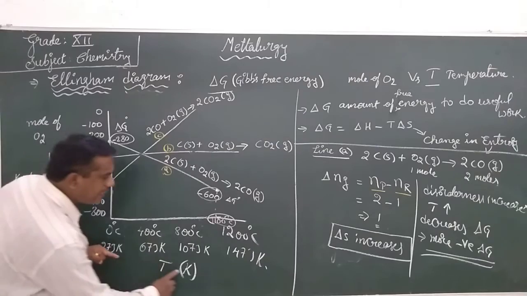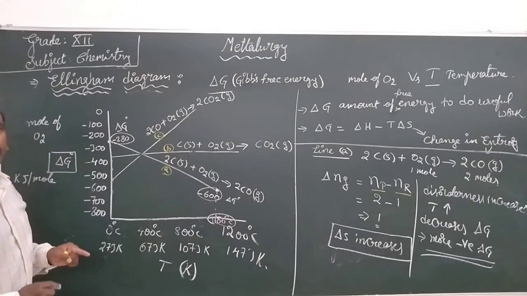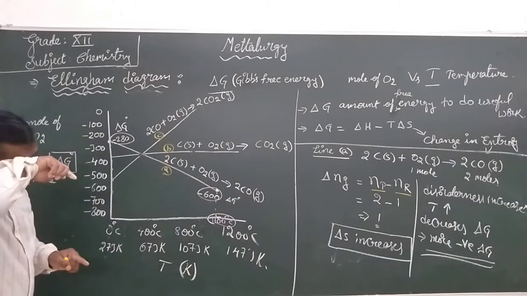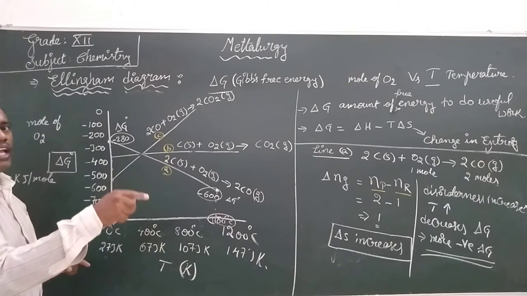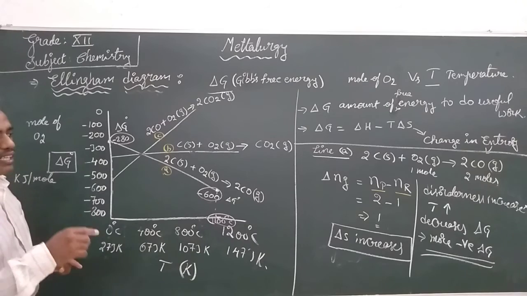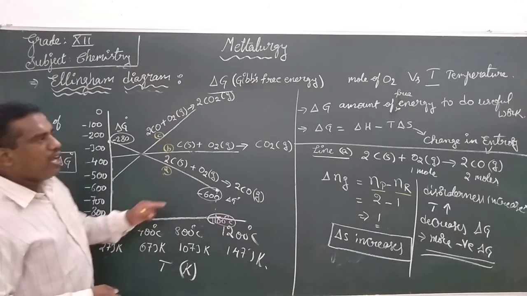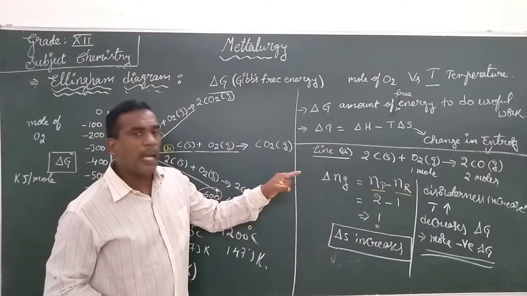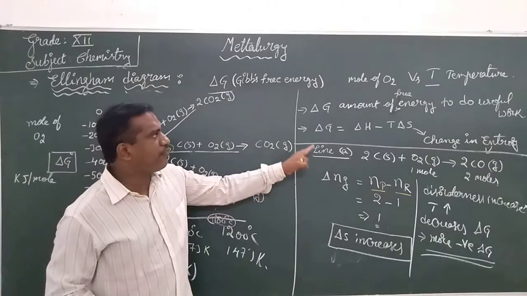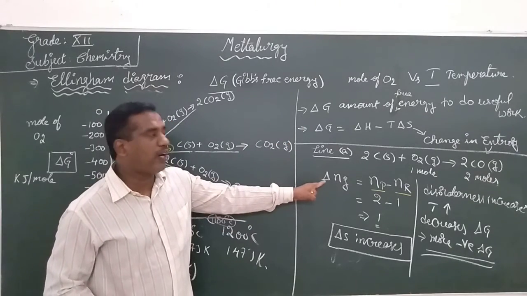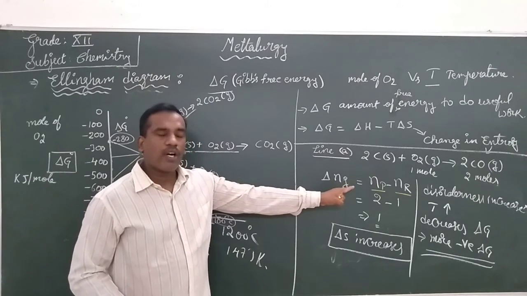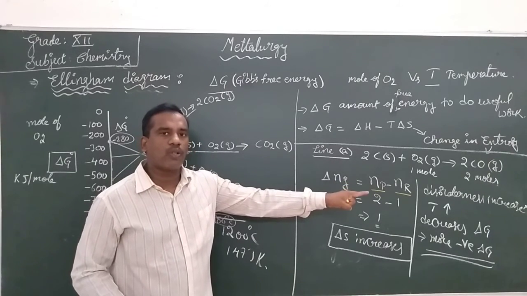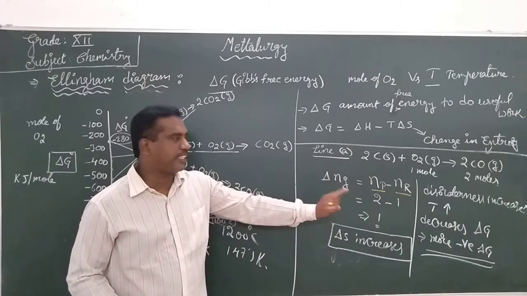with increasing temperature, the disorderness is increasing. How to calculate the disorderness? The disorderness is calculated with application of the Gibbs free energy from our thermodynamics. That is delta Ng equal to number of moles of gaseous products minus number of moles of gaseous reactants.